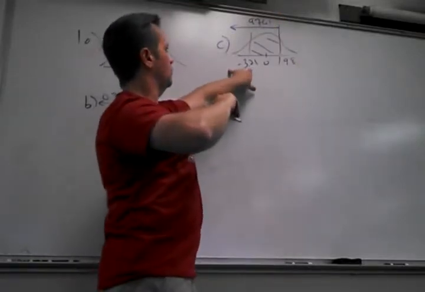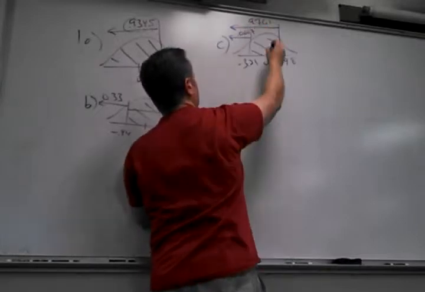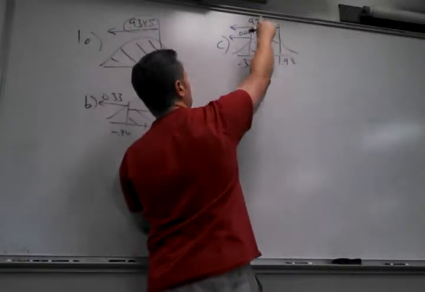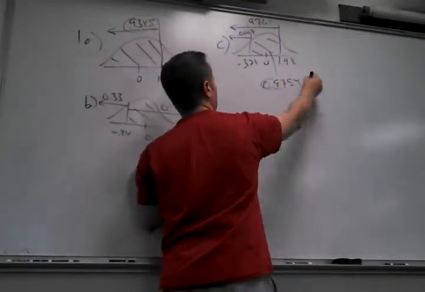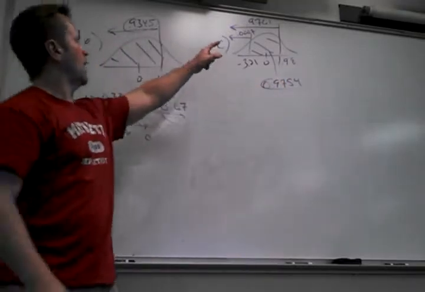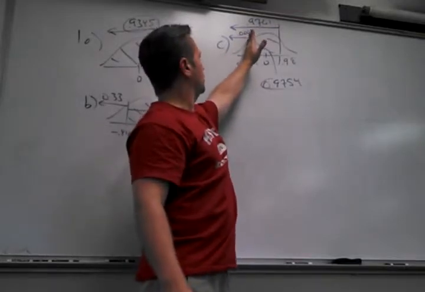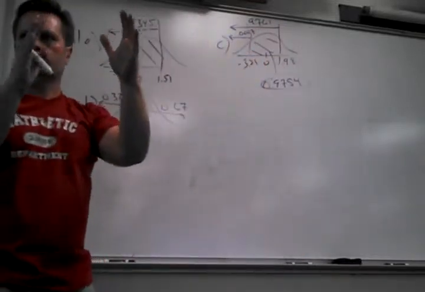And if you look up negative 3.21? 0.0007? So then the area in between, subtract those two: 0.9761 minus 0.0007. Because if you subtract this much off, you'll be left with exactly what you want, what's in the middle.